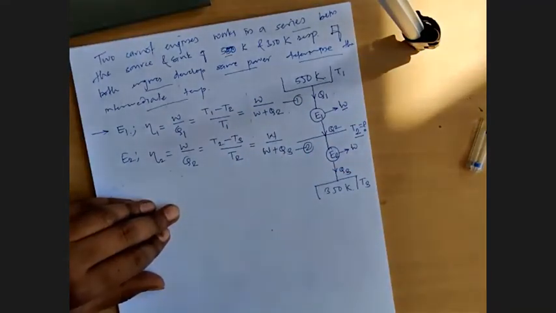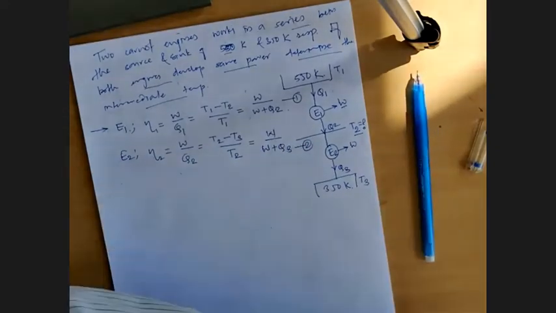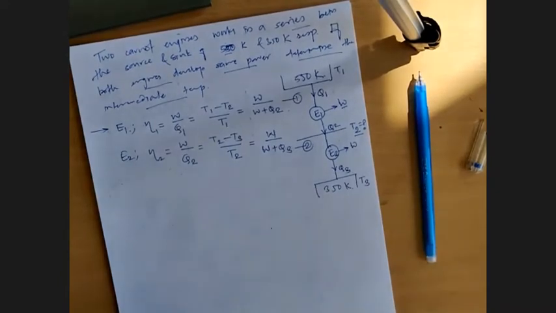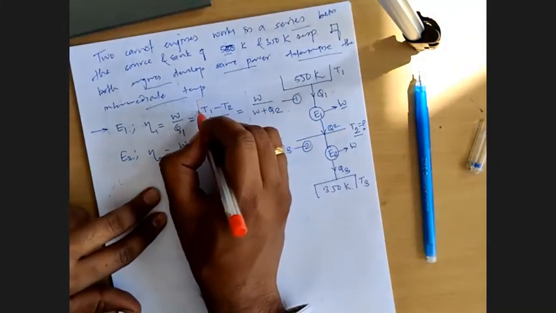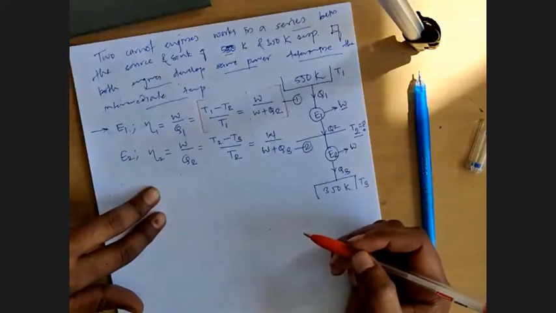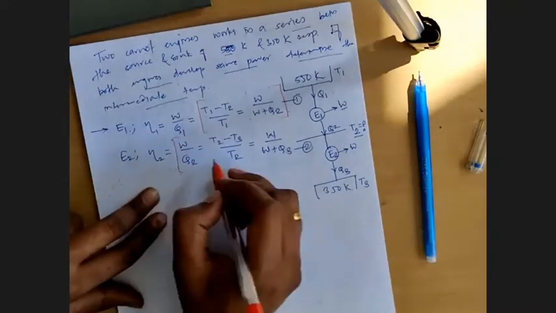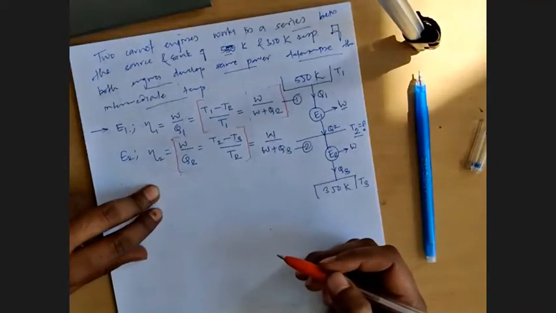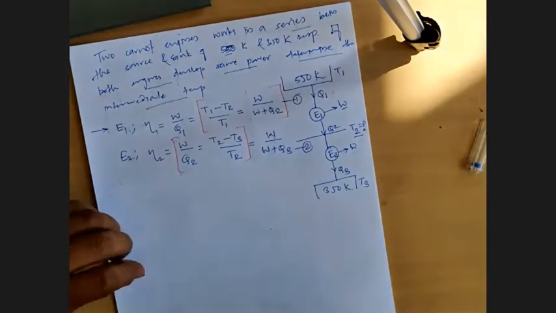Now what we are going to do, let me see if I have a red colored pen. I am going to use this bracket from equation 1, and I am going to use this bracket from equation 2. Okay. Now let's see how we are going to use those two things.